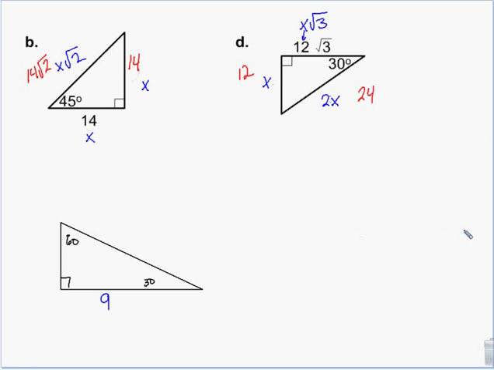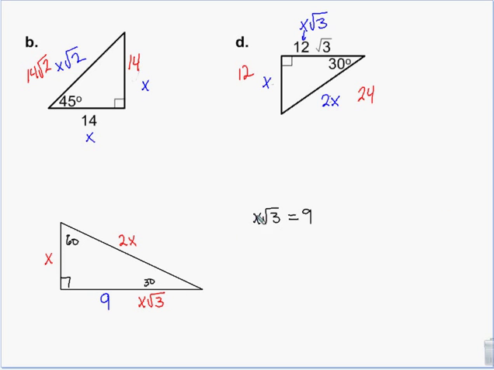Well, from my pattern, this is x, this is 2x, and this is x times the square root of 3. So x times the square root of 3 is equal to 9. Let me do this in a different color, sorry. I need to find x.